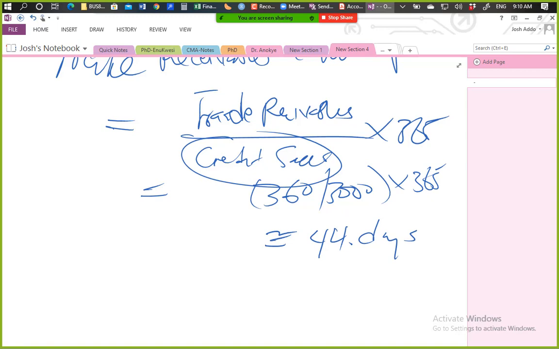Just by this figure alone, it is not too good, because I know that on the average, the standard credit period, the maximum is 3 months. Oh, okay, 45 days is less than 3 months. Yeah, so I was interpreting it in terms of months. 44 days will be how many? 1 month and some days, right?